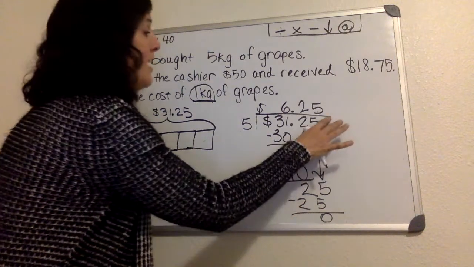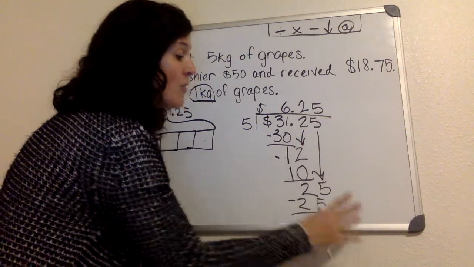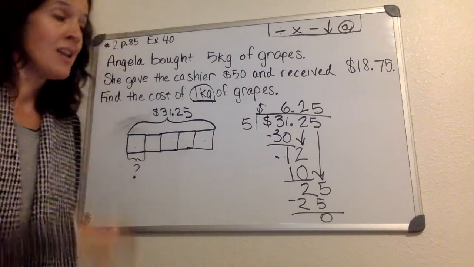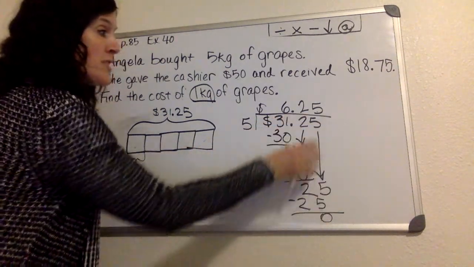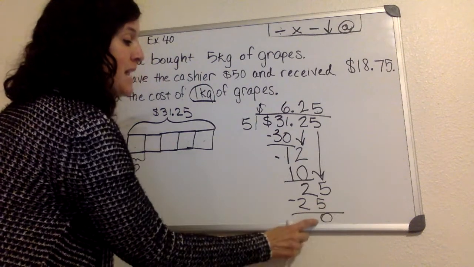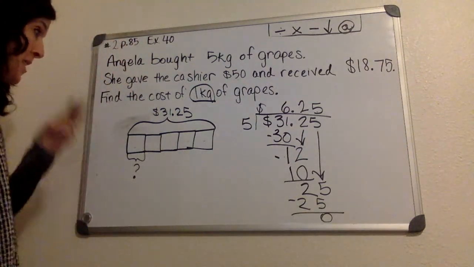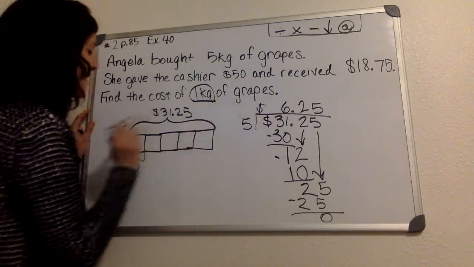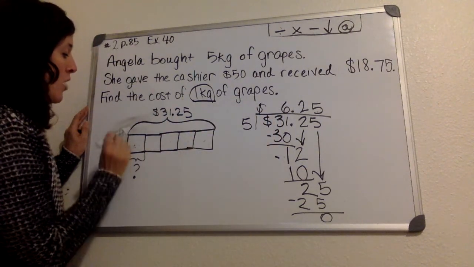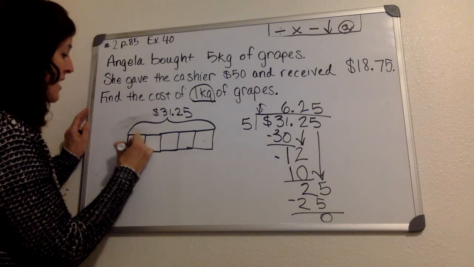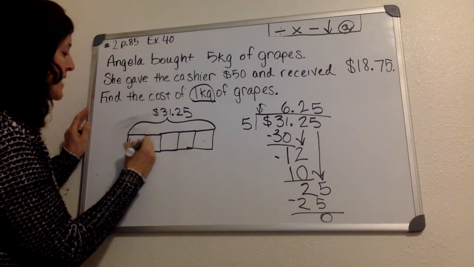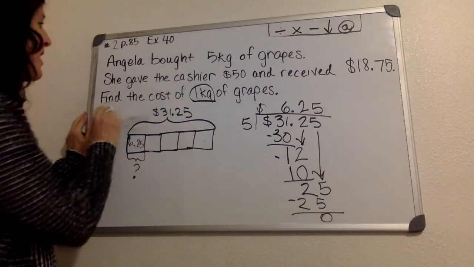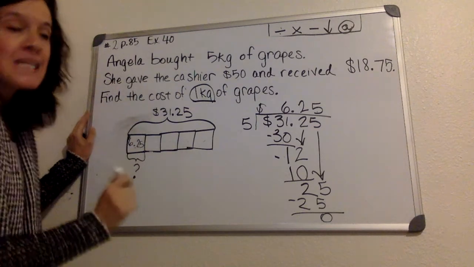Look at this. I have nothing else to bring down, and I have a 0. That means I am done. Okay, so now we know that this gave us what just 1 box is. 1 box is $6.25.